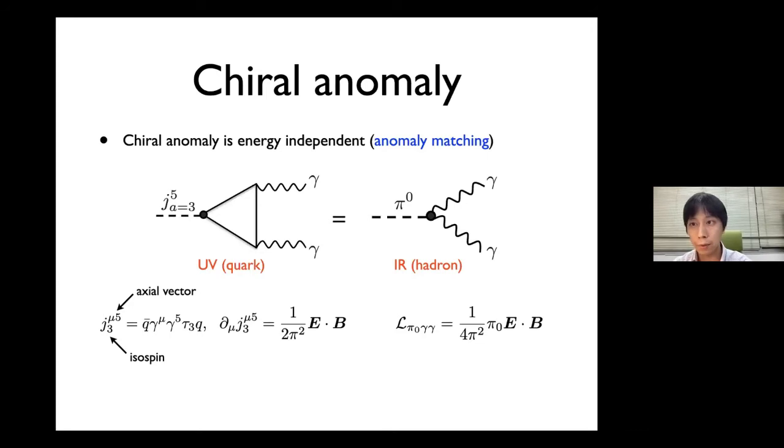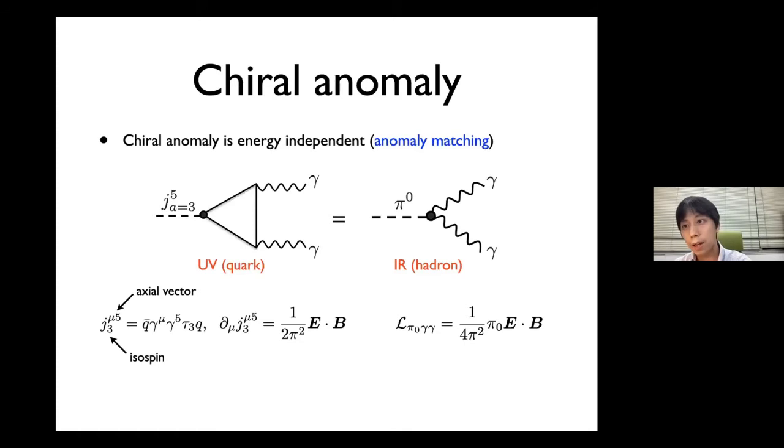This is the idea of anomaly matching. And from this condition, we can fix the coupling between the charge neutral pion, pi zero, with two photons, E dot B. So this is a famous example of the chiral anomaly in QCD. This is the story of the chiral anomaly in the QCD vacuum.